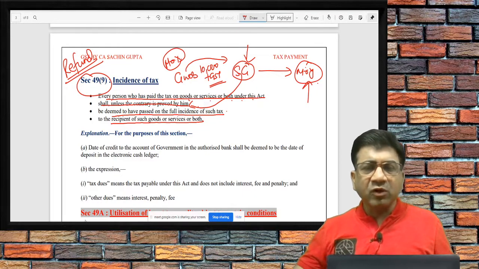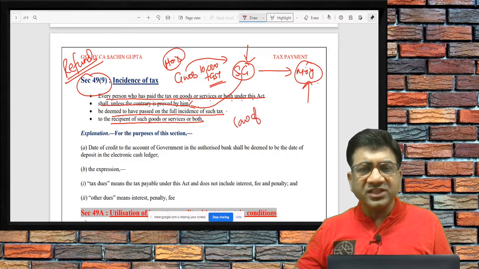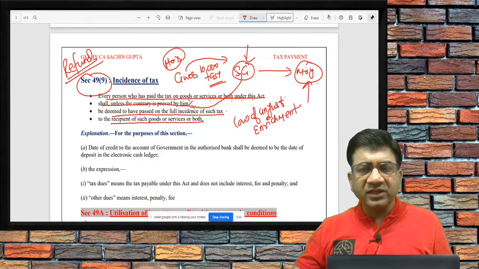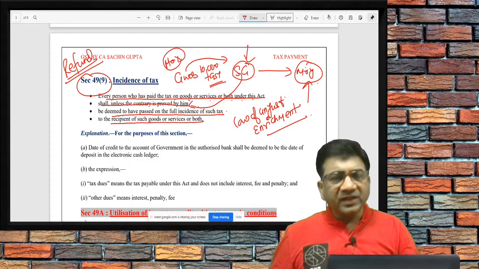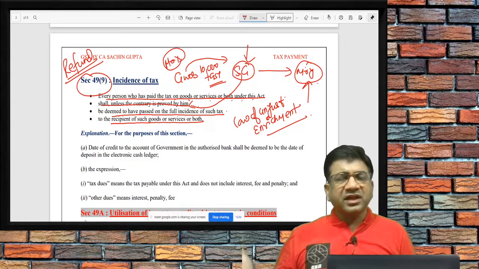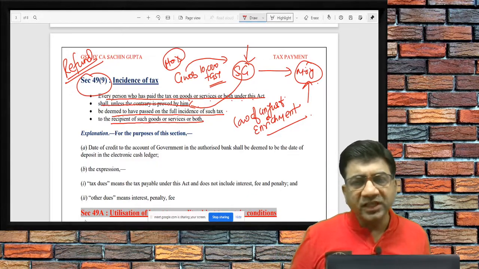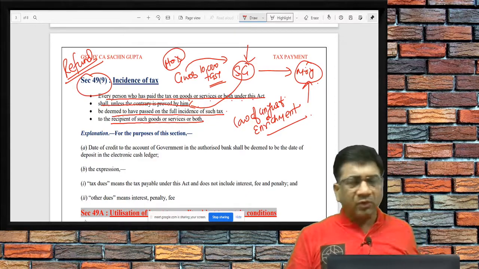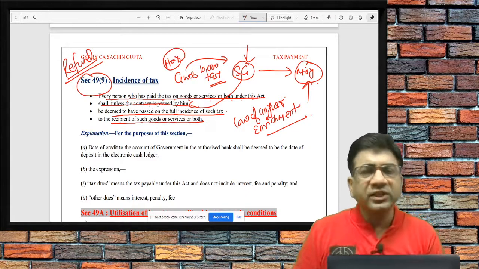Otherwise, there is a law called the law of unjust enrichment. We cannot make you rich with another person's money. So we assume that you have passed on the incidence to the other person. So why should we give you the refund? You tell, no, the amount is mine, I haven't sold the goods.